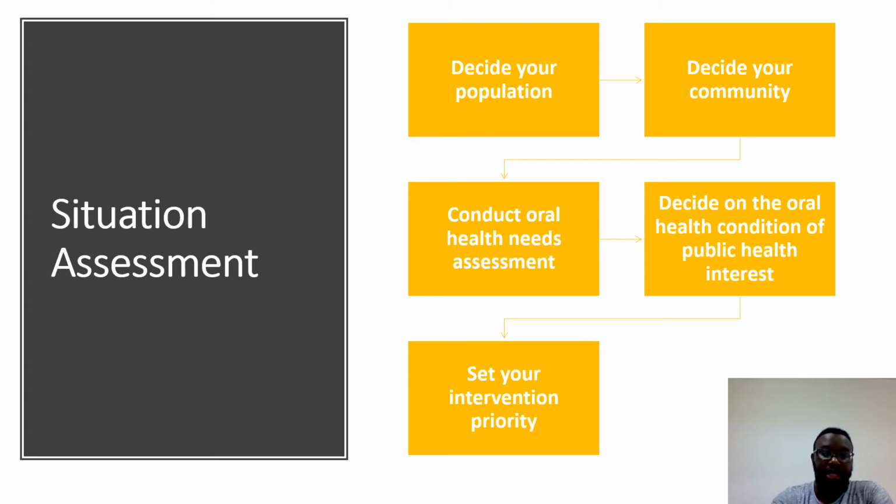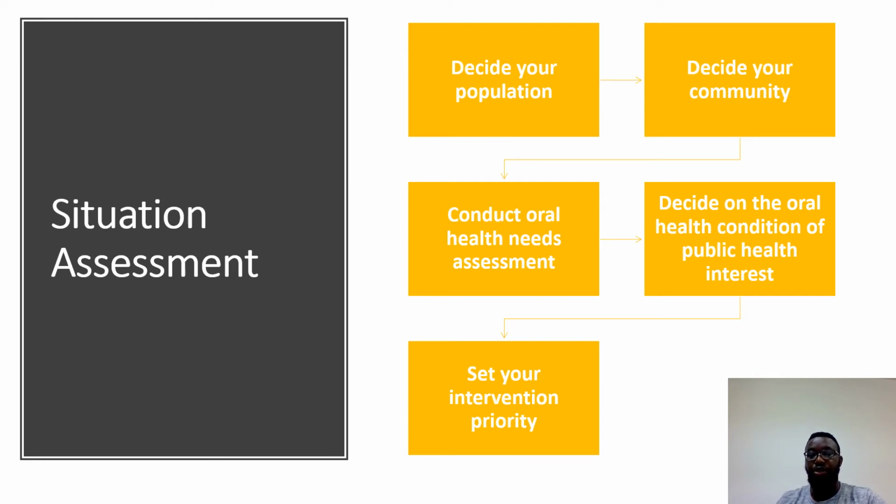So you find out in your assessment that the community you are looking at might have multiple needs. So you should be able, as the professional, to decide on which of these needs is a need of priority. And remember, we have talked about how to decide a public health problem. Okay, so they might have multiple needs, but you need to consider which one of them qualifies as a public health problem.